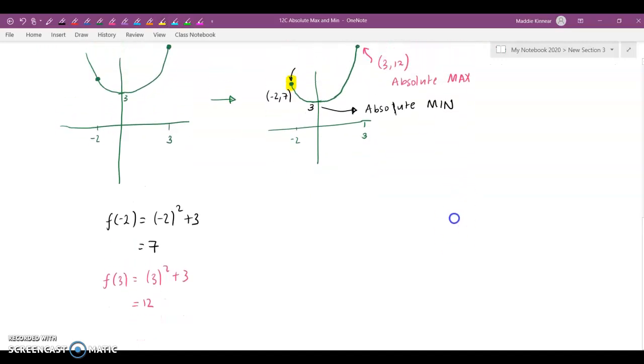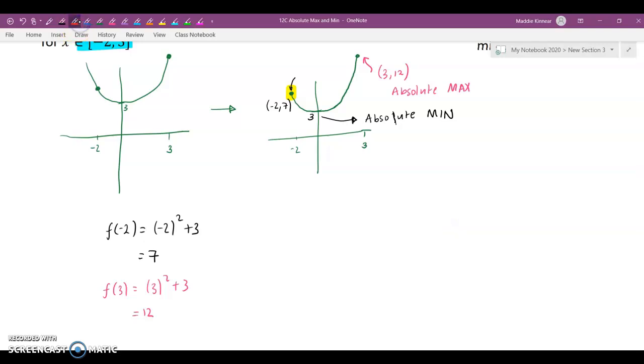So what we now need to do is just write a quick summary of our findings. We need to say the absolute maximum occurs at x equals 3, and f of x at that point is 12.